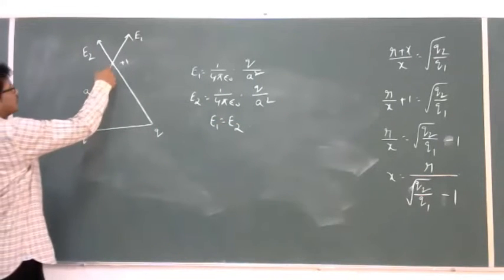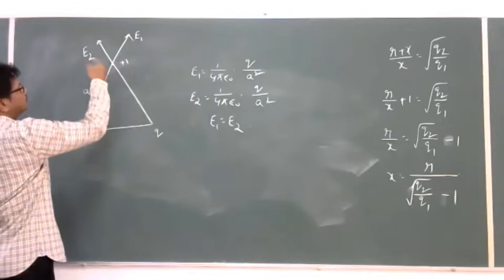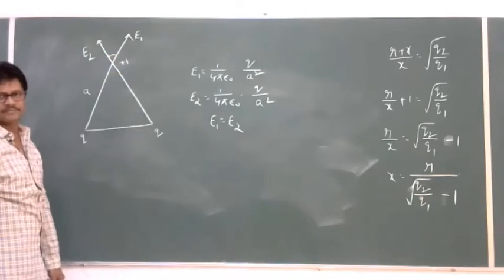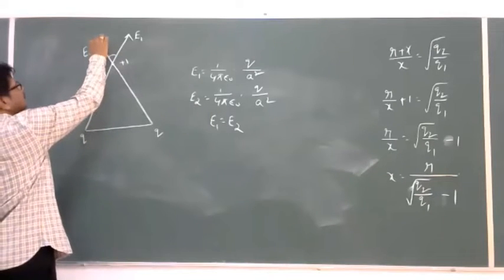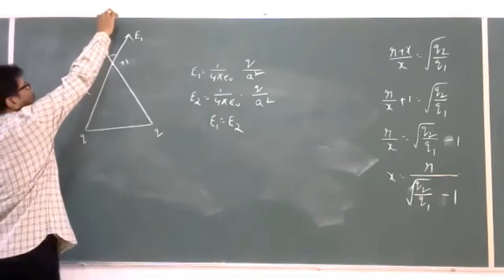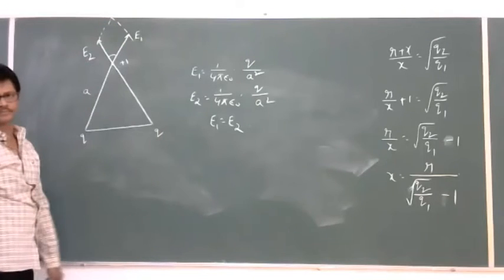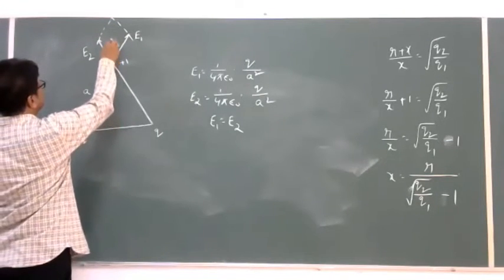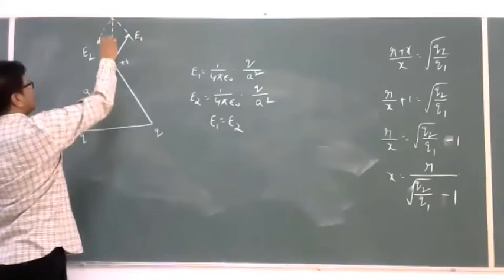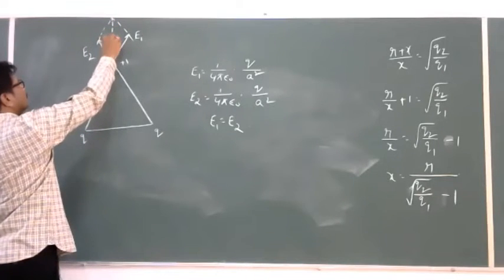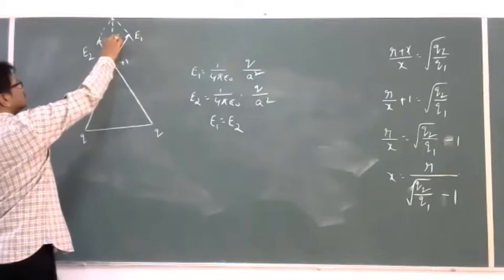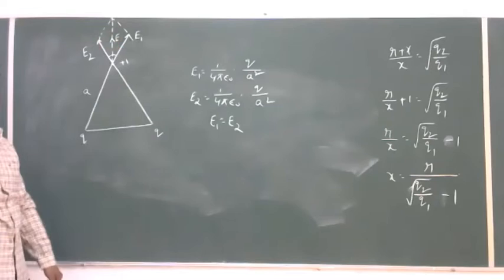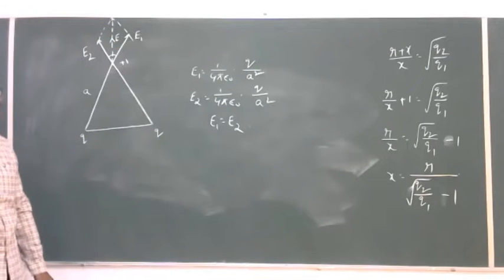Now to get the resultant of E1 and E2, because E1 and E2 are separated by a certain angle, we need to construct a parallelogram. The diagonal of the parallelogram will give the resultant electric intensity.